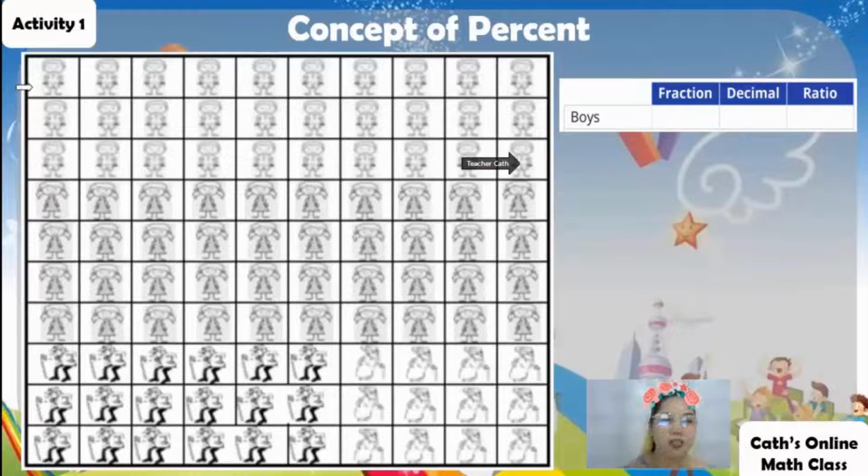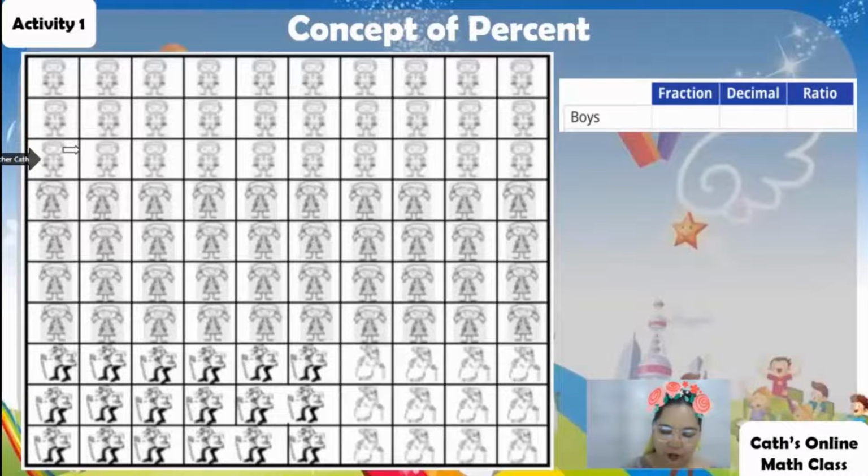Or we can just simply count the number of boys in the row, which is 10, and then count in the columns, which is 10, and counted by rows, which is 3. 1, 2, 3. How many rows are there?